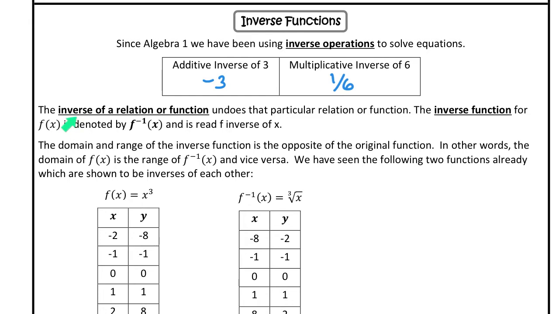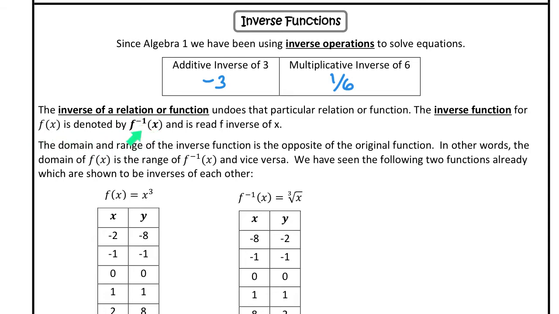The next part is a definition of the inverse of a relation or function. An inverse undoes the particular relation or function. The inverse function for f of x is denoted by f with a -1 and then parentheses x.